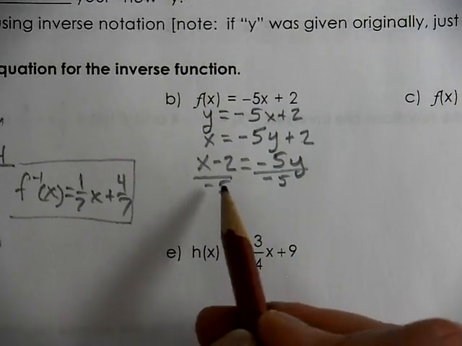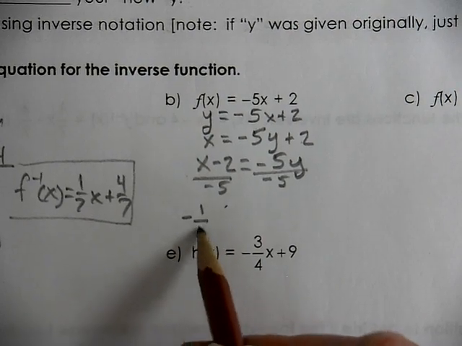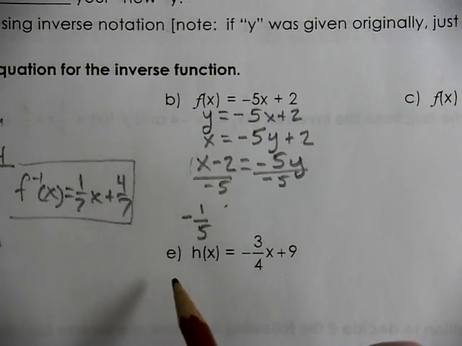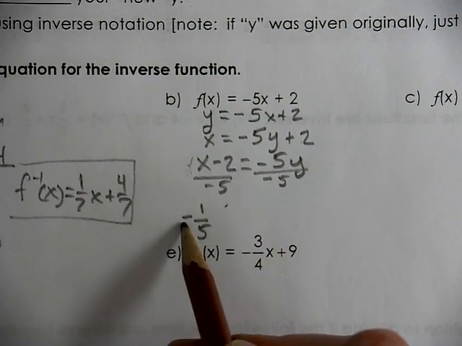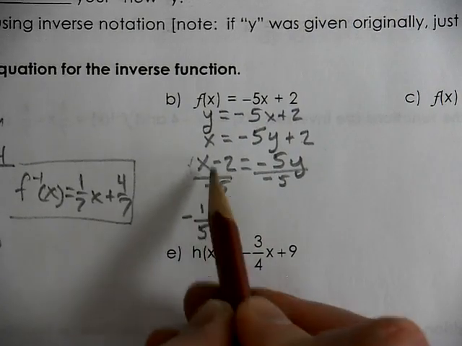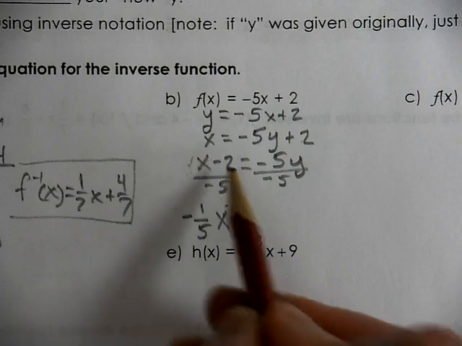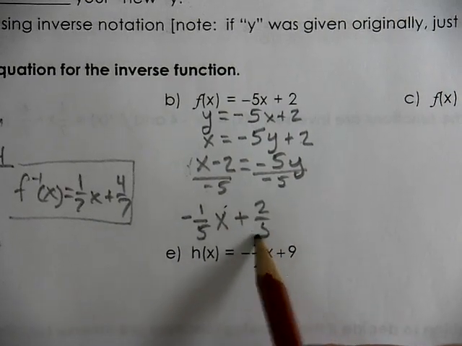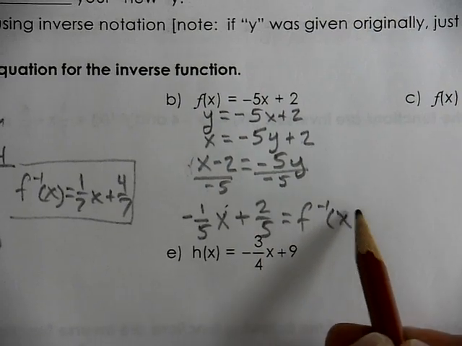So we're going to break this down as -1 over 5 because the coefficient is a 1. 1/5, but it's negative. 2 negatives. Oh, this is 1/5 x. 2 negatives make a positive 2/5. And we can write that as f inverse of x.